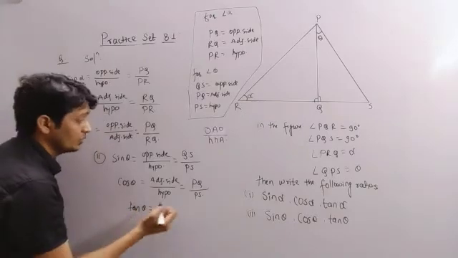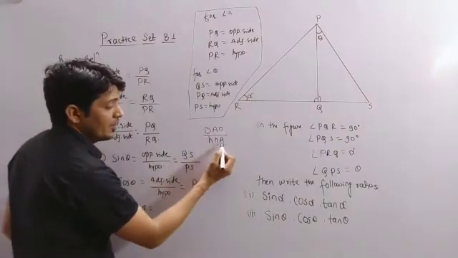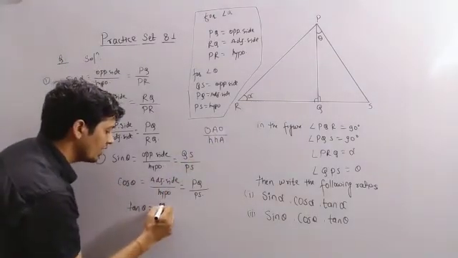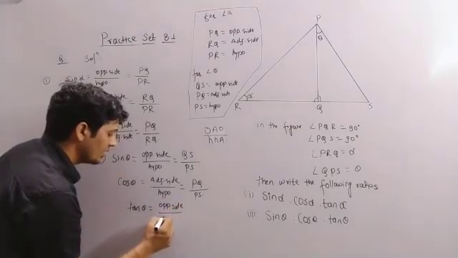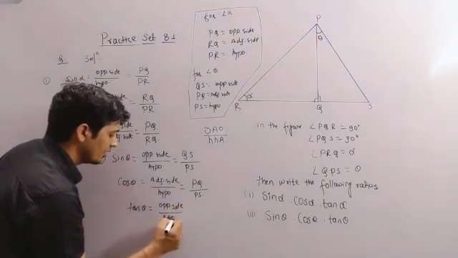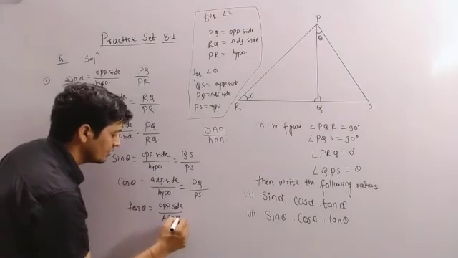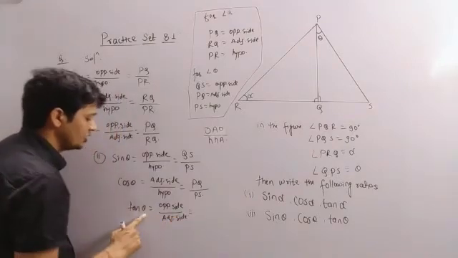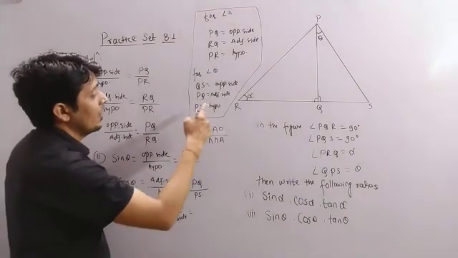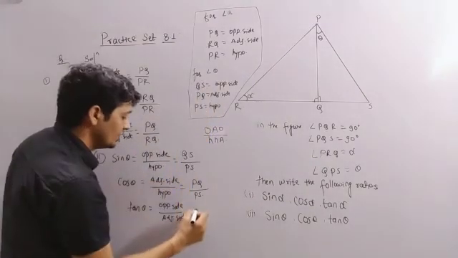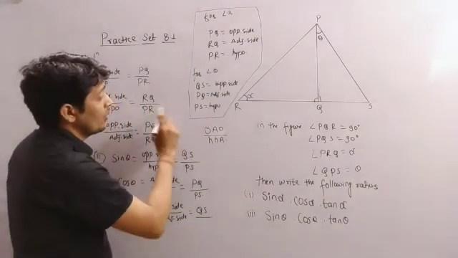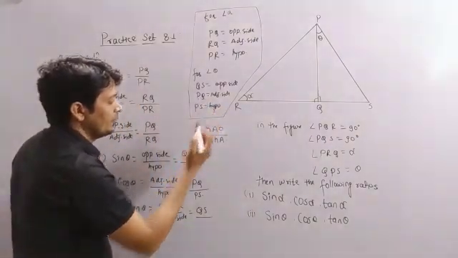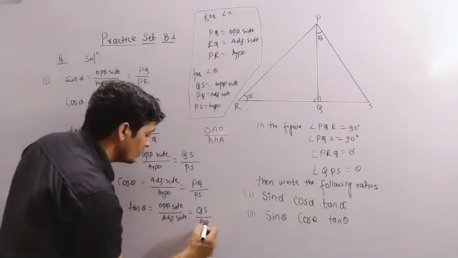Tan theta is opposite side divided by adjacent side. With respect to angle theta, the opposite side is QS, and the adjacent side is PQ. So we write QS divided by PQ.